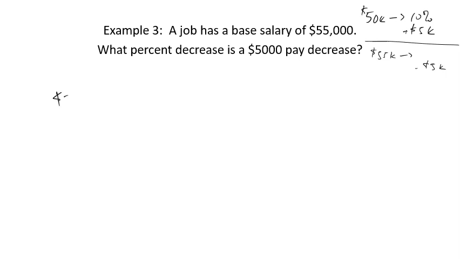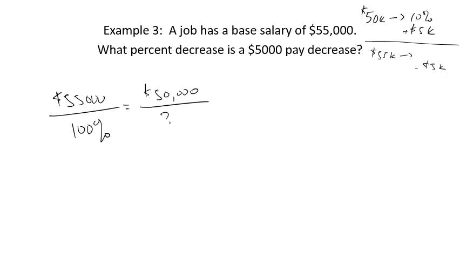So we've got now our 55,000 is to 100%, and we want to find what percent 50,000 would be. So this is some percent. Now, when I find this unit rate, and again, I'm going money to money, so I know I need my unit rate in dollars.